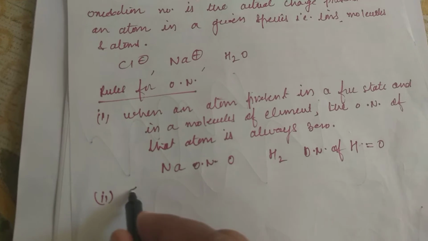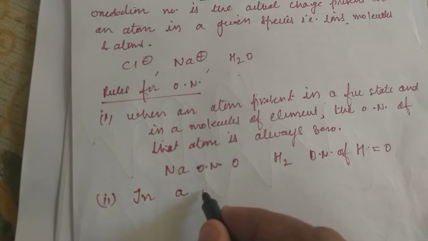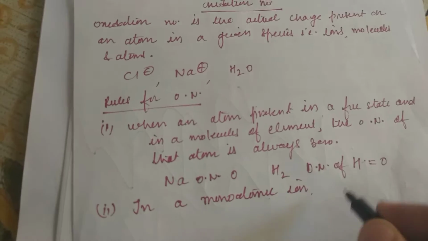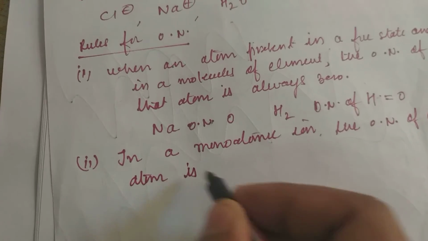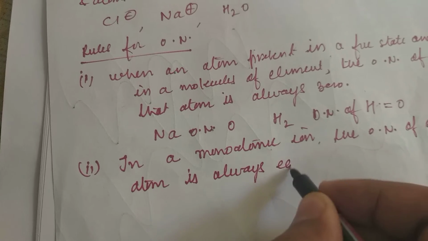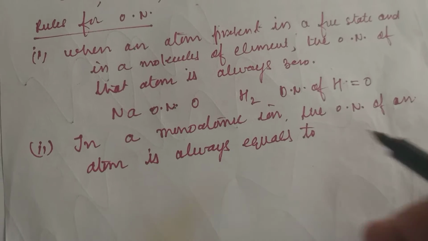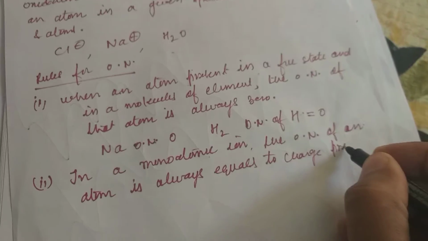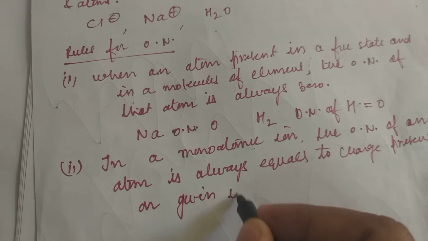Second, in a monoatomic ion, the oxidation number of an atom is always equal to the charge present on the given ion.